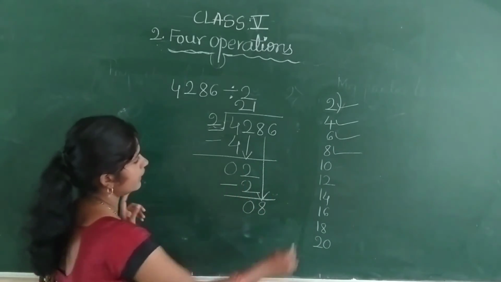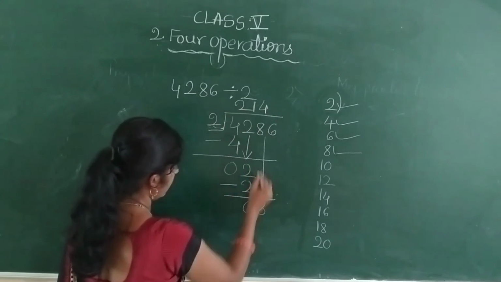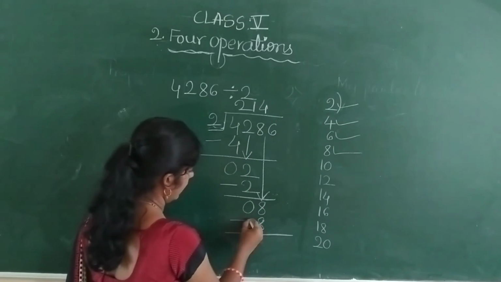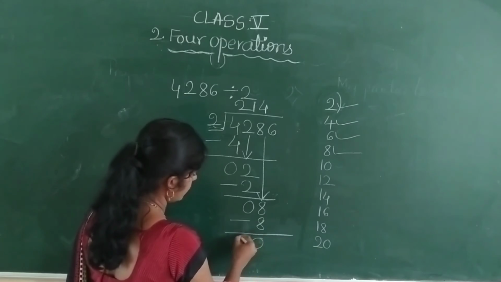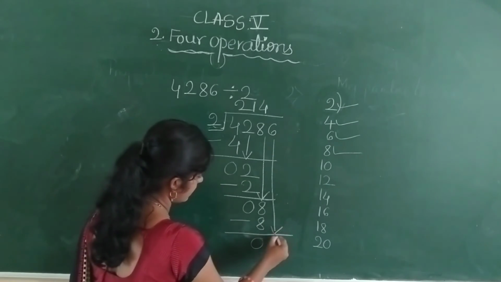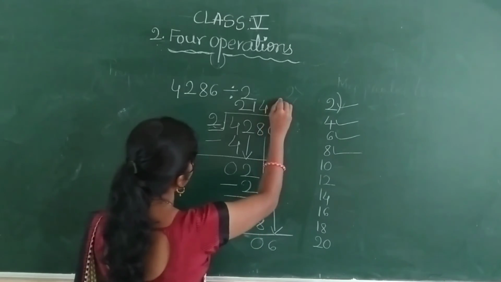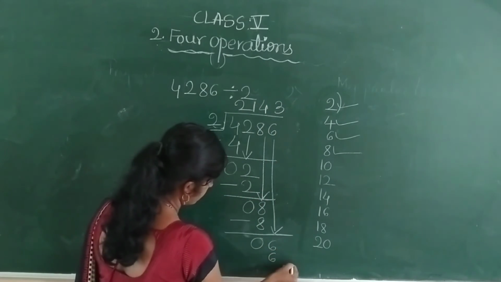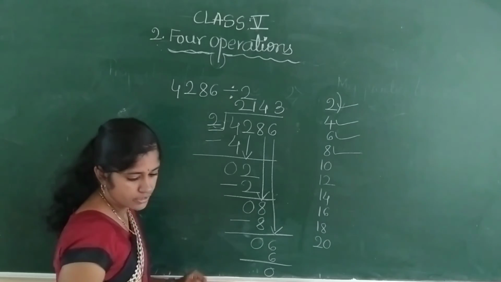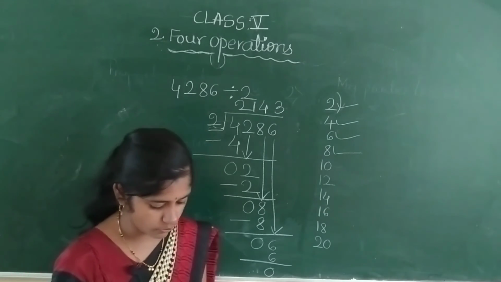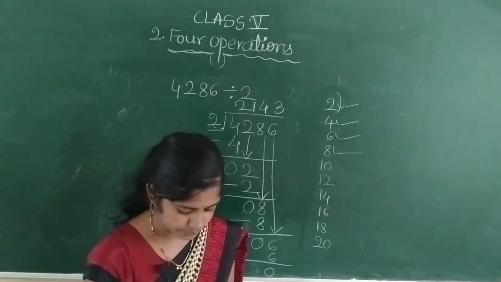So I will take here 8. 2 4s are 8. Next 8 minus 8 is 0. Again you take 6 down. Yes, 6 is there. 2 3s are 6. 6 minus 6 is 0. Okay. So this is how you have to solve the examples.